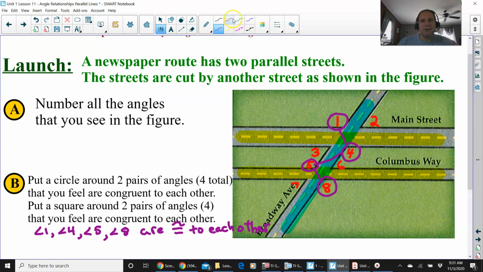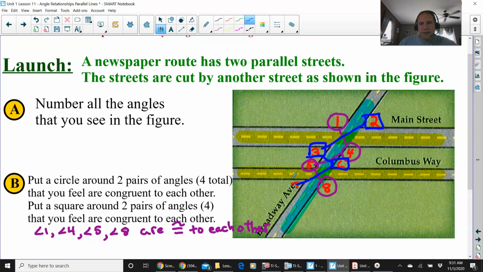Alright, let's talk about the other angles. I'm going to box 2. That's an acute angle. So I'm going to crisscross to the other acute angle, which is 3. And then I'm going to crisscross again to 6 and put a box around it.